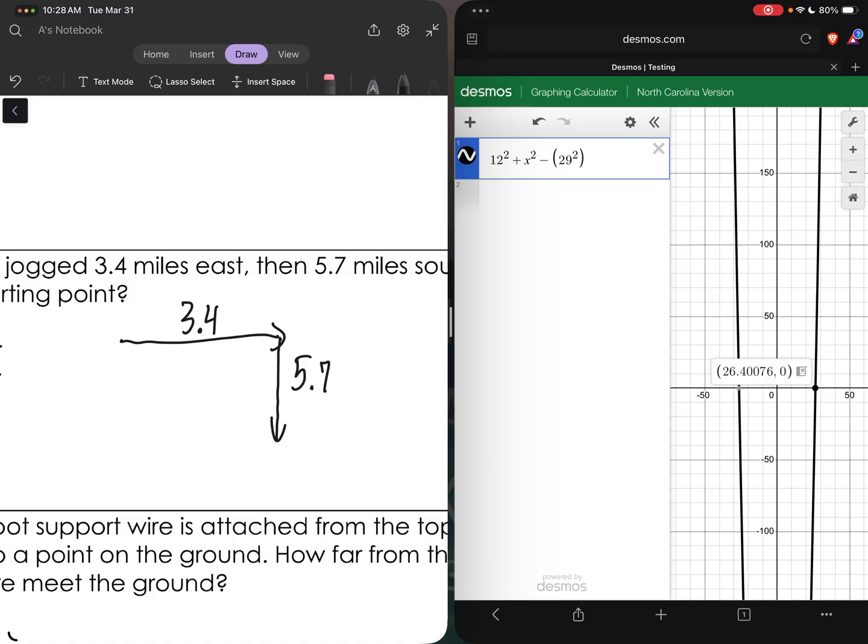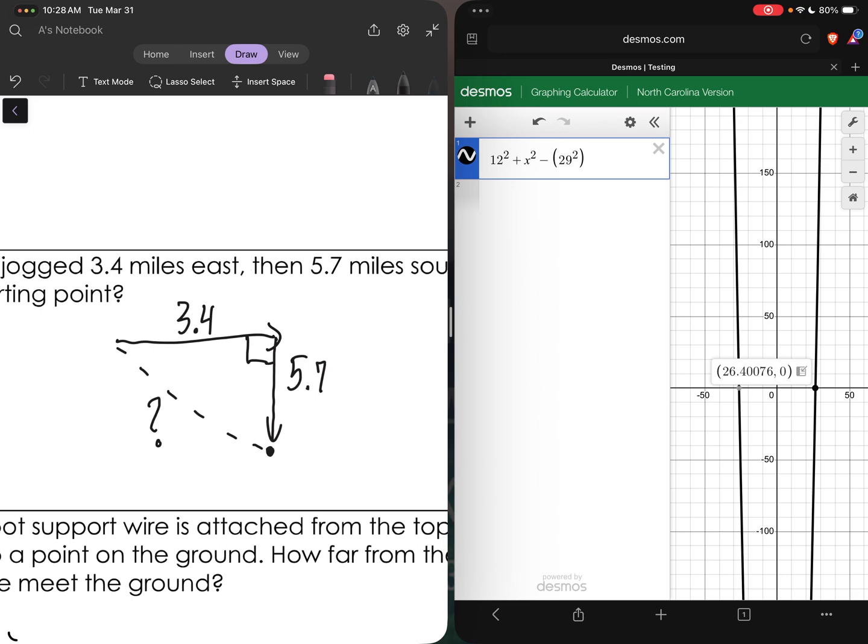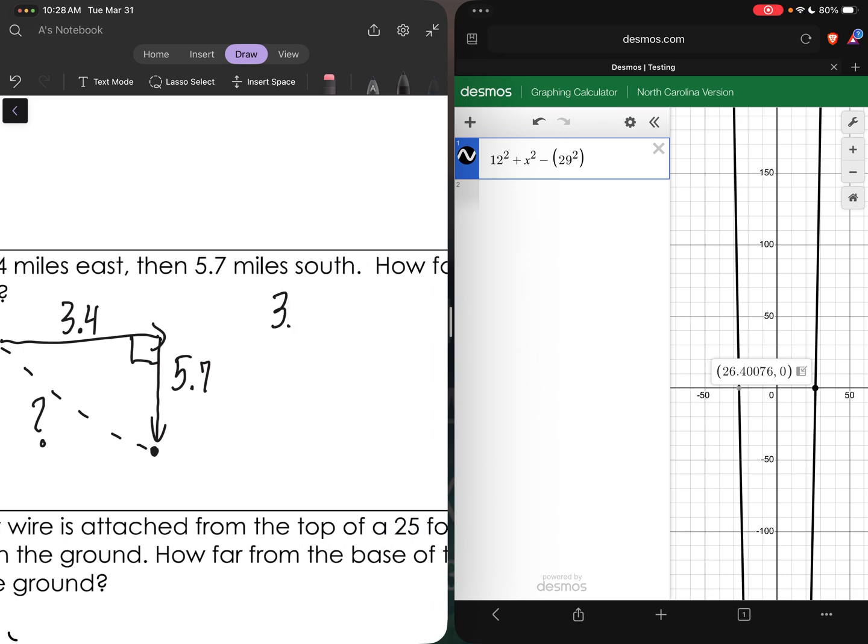I'm not asking how far has she run. I want to know how far is she in a straight line from her home. Notice from south or east to south, it does make a right angle. So I have 3.4 squared plus 5.7 squared equals my question mark squared. So she is going to be approximately, and you can type this in Desmos to solve it, 6.6 miles away from her house, or away from her starting position.